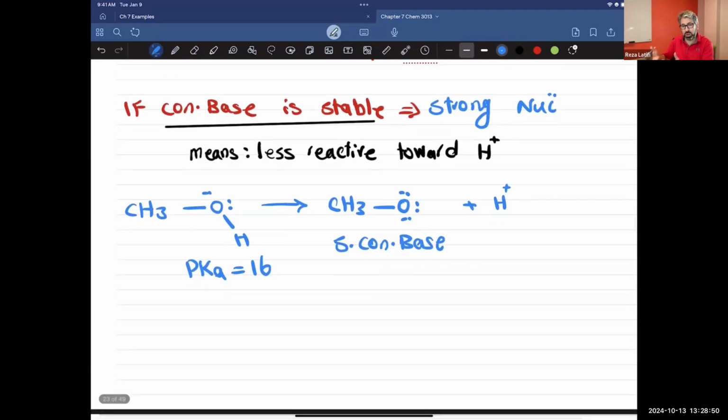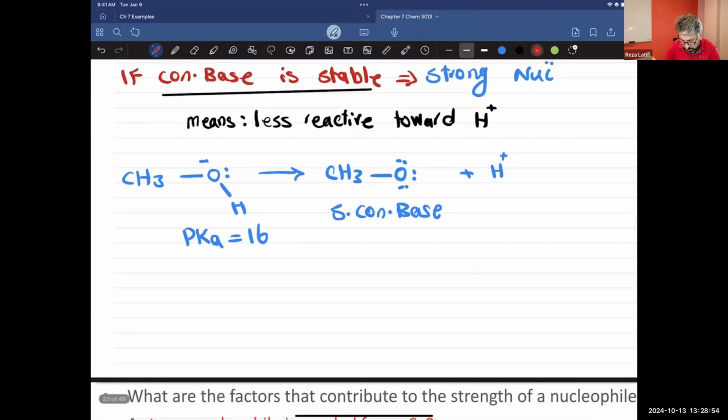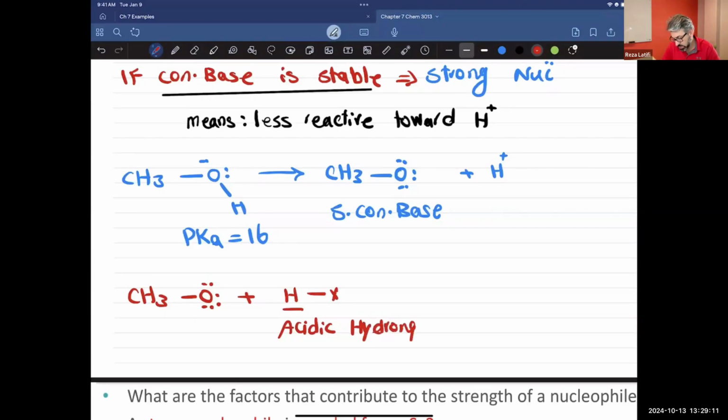And because we are saying it's a strong conjugate base, that means this species, the second you generate it, will be looking for an acidic hydrogen, or I should say hydrogen ion. So it will be looking for an acidic hydrogen to take it and turn back to the neutral compound, and it will regenerate this species again, plus say X, whatever X is.